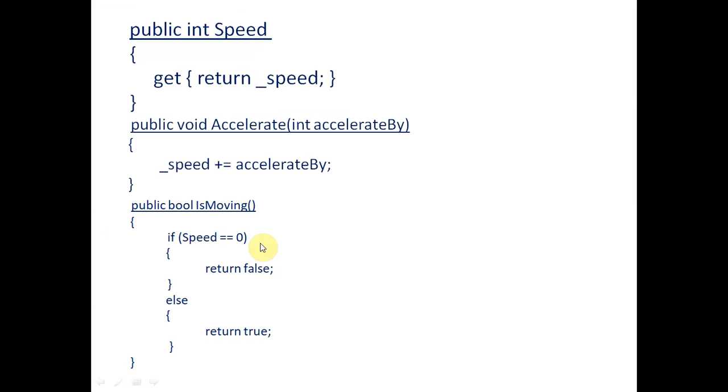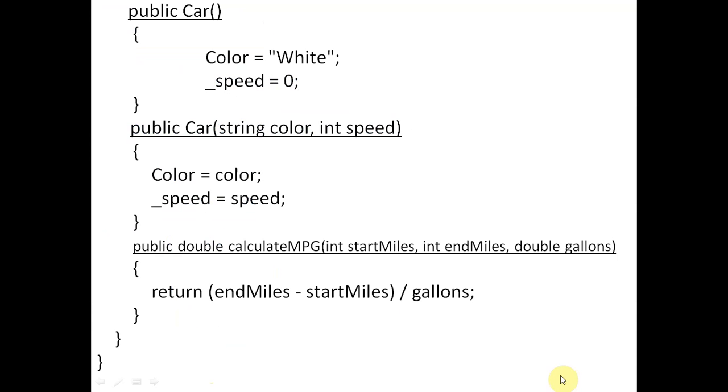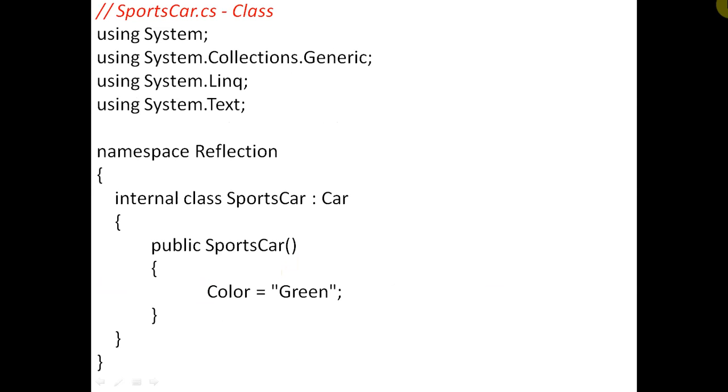You can see here the IsMoving function, and after that we have the Car constructor and a parameterized Car constructor with two arguments. In the default constructor we are initializing the values of the variables, and we have the CalculateMpg function also. Now we have the derived class SportsCar, inherited from the Car class, with one constructor where we are reassigning the value of the color variable.